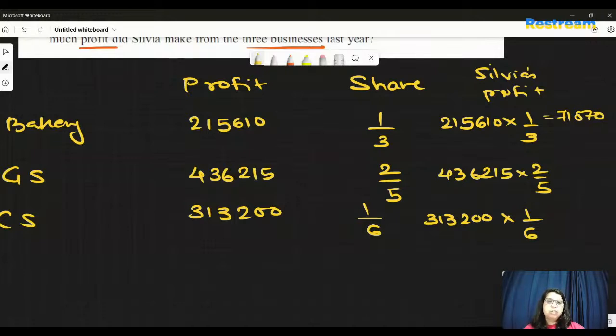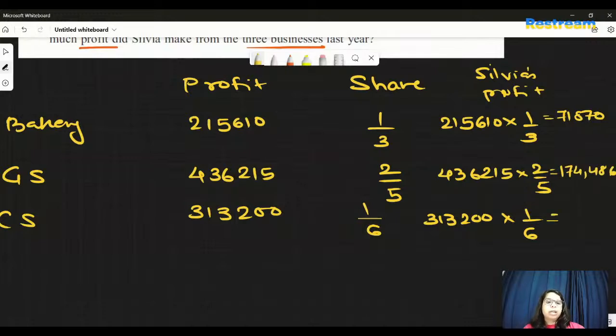Next one is 436,215 into 2 divided by 5, which is equal to 174,486.